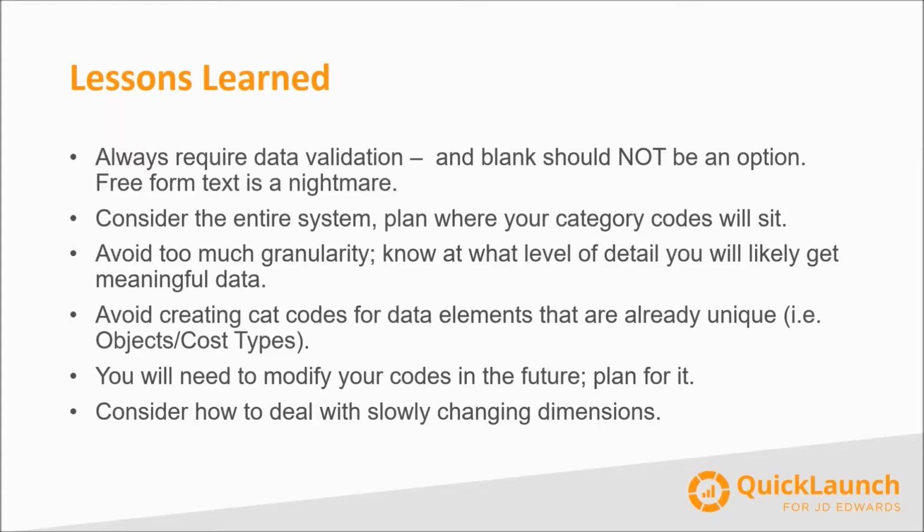Then that makes those ranges not work that well, and you probably want to consider the cat codes. But ranges can work, cat codes are more flexible. Okay, good. Another question: how do cat codes relate to surrogate keys and dimension tables?